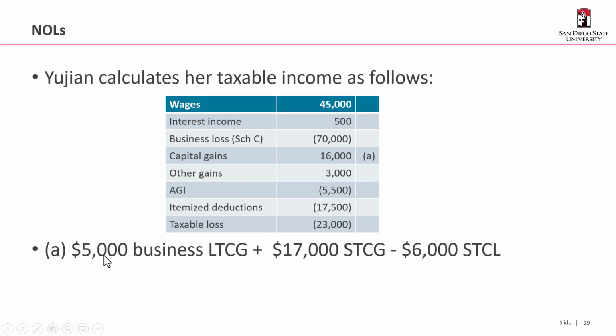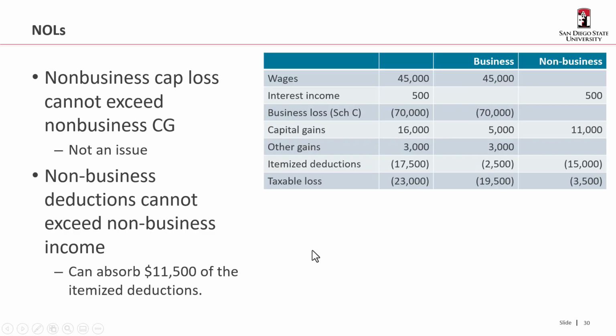We had a business long-term capital gain and then $11,000 of non-business capital gains. So we can put the 5 here and the 11 over here. Then the ordinary gain was from the business, so that's $3,000. There's the casualty loss for the itemized deduction, and then all the other itemized deductions go over here.